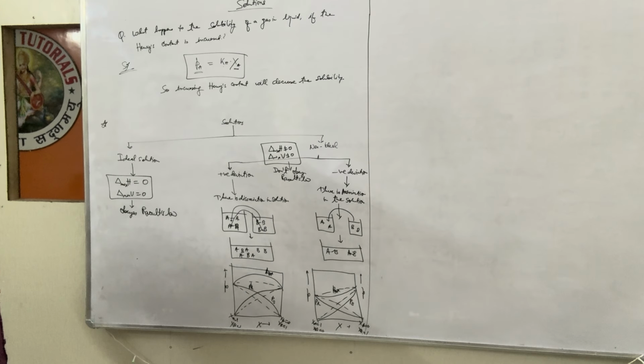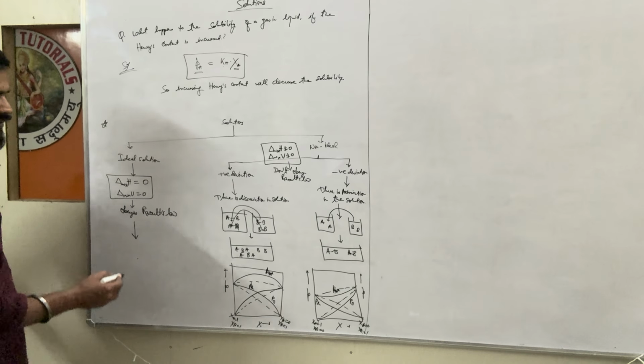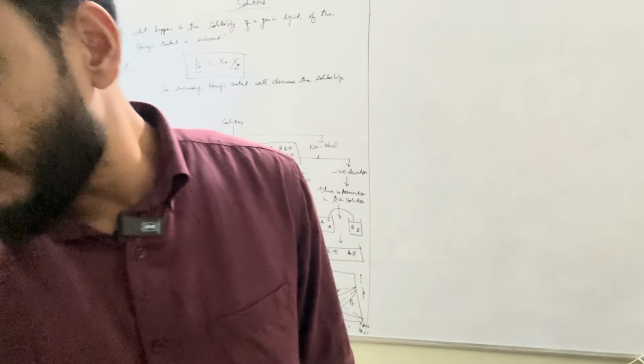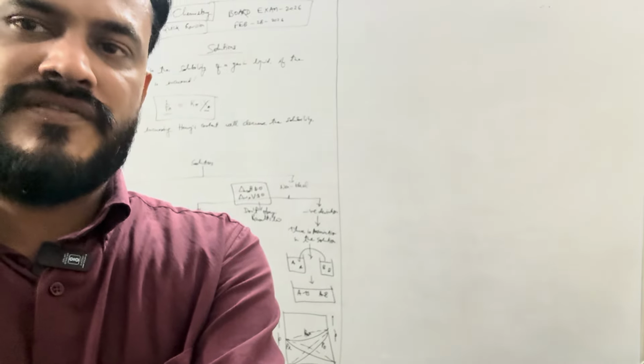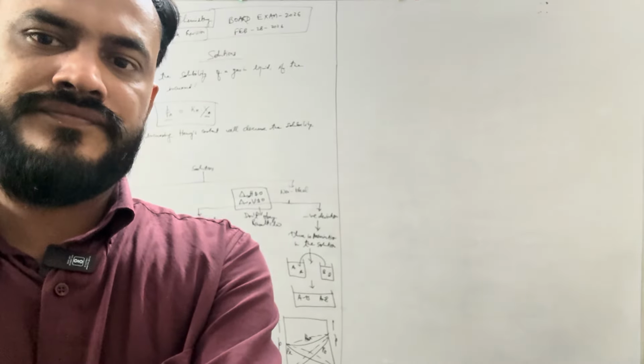Now in this case, examples are extremely important. Examples are asked: which mixture or solution shows positive deviation and which will show negative deviation. So we'll do examples now.